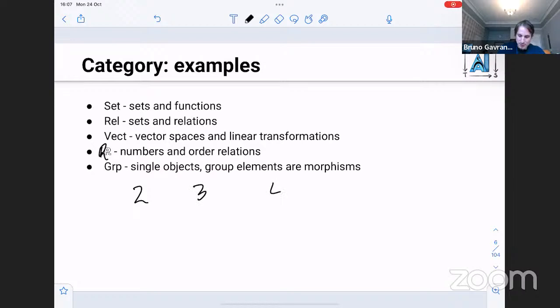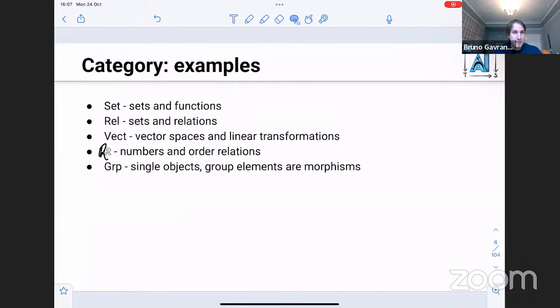So let's say 2, 3, 4. And there's only one morphism between two objects, and it exists if one number is smaller or equal than the other. So this is the kind of intuition we want to give you, is that categories can have objects and morphisms as very strange things and very general things.